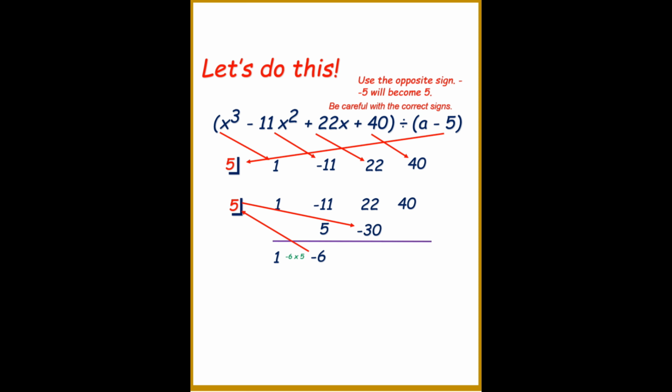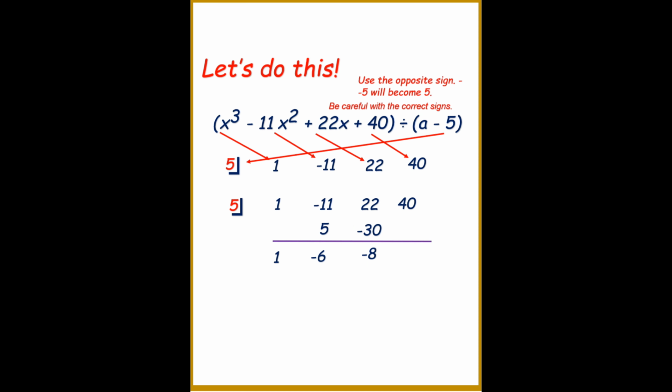We're going to put it below 22. Again, 22 plus negative 30. Don't be confused. If it is addition, just subtract and copy the sign of the larger number, which is negative 8. In this case, it's negative 8.